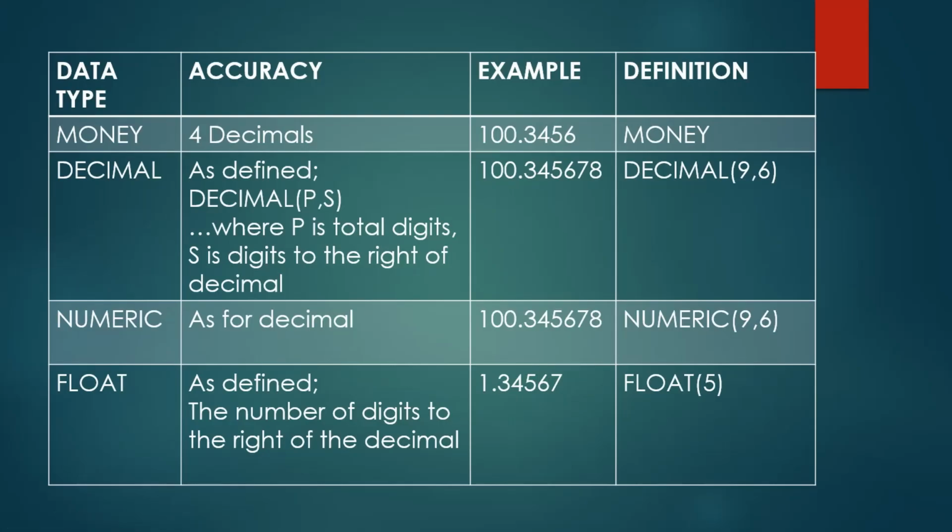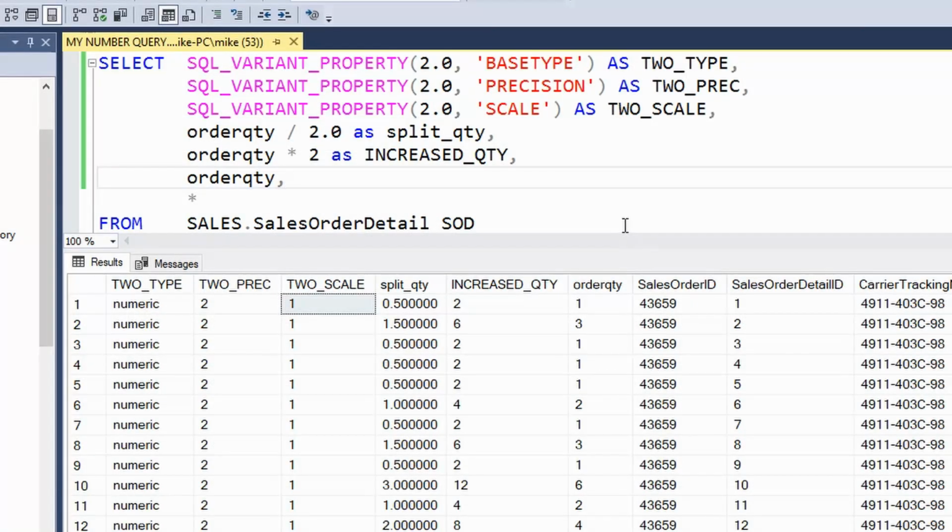So going back to our slide about the data types that can express decimal amounts, we came across the numeric. Now the numeric and decimal data types are constructed by passing in 2 values to the name of the data type. One is the precision and one is the scale. Now with that in mind, what is the actual data type of our split quantity that is the result of all this? Well, let's just try it.